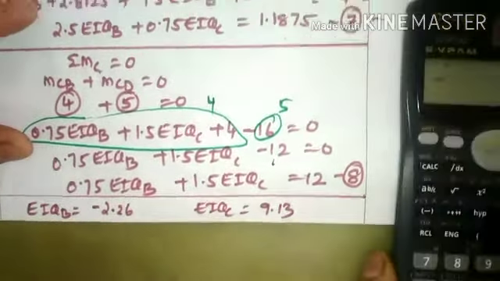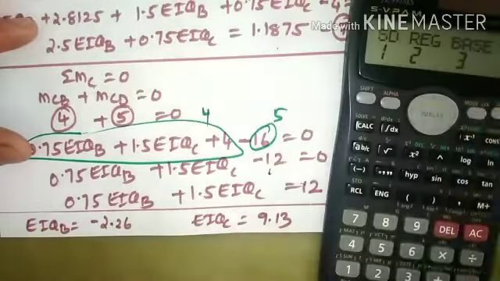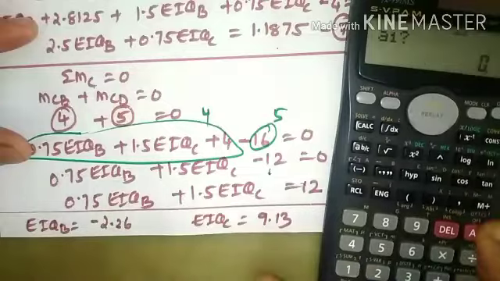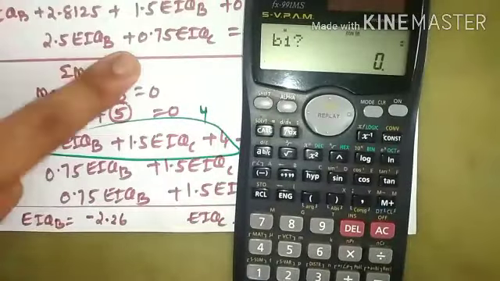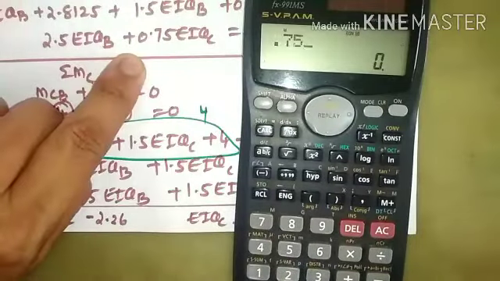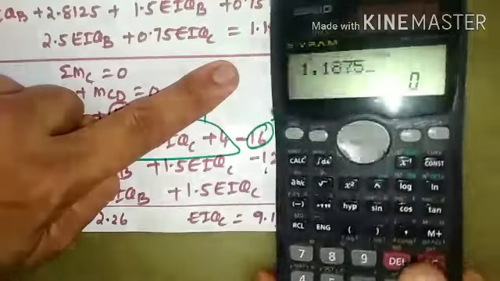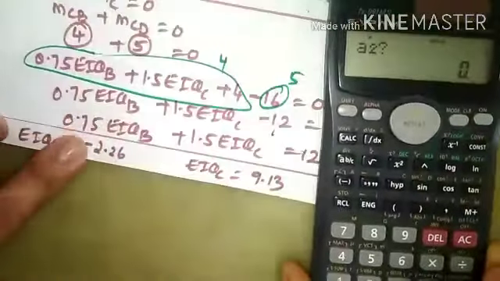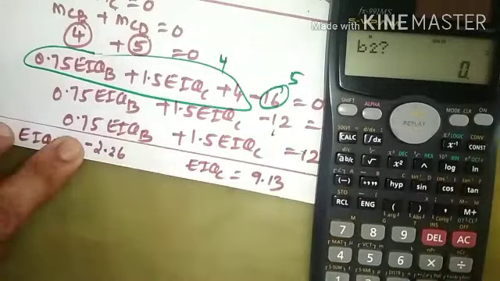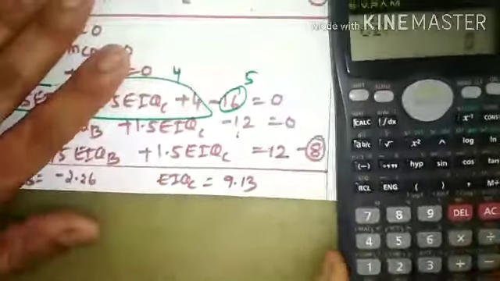Now this will form a simultaneous equation wherein there will be two unknowns, theta B and theta C. If you take the equations here, two unknowns, first coefficient here is 2.5, second is 0.75, third is 1.1875 here. Next is 0.75, next is 1.5, then the last part is 12.